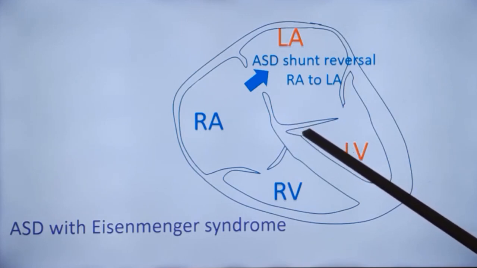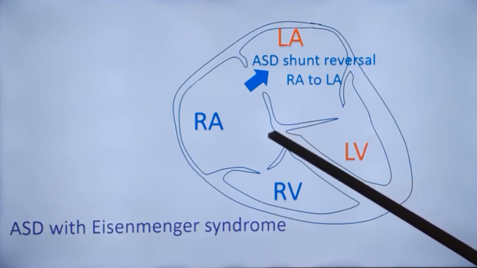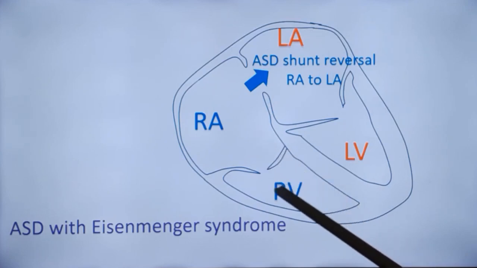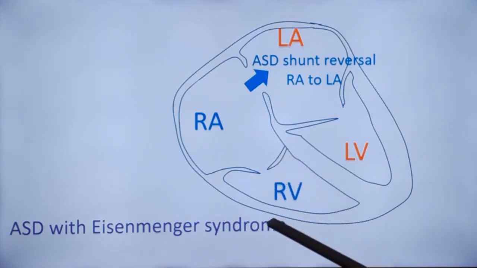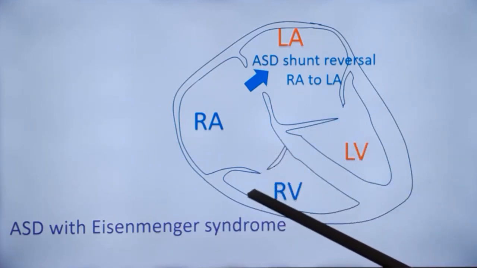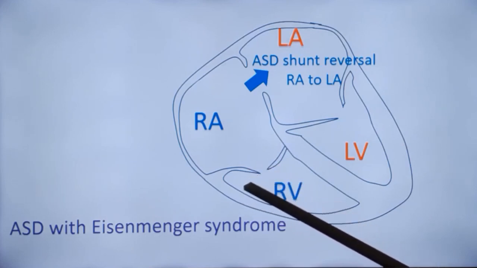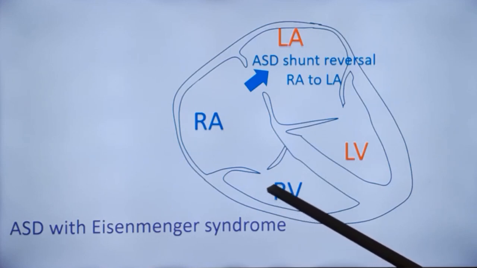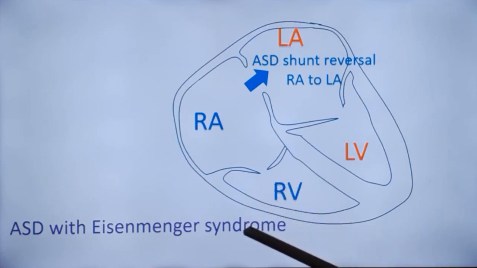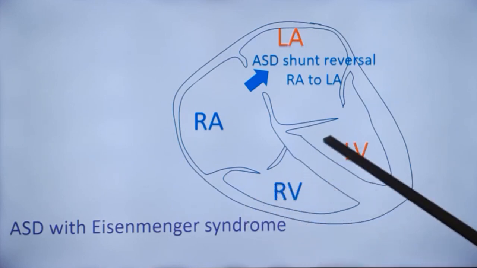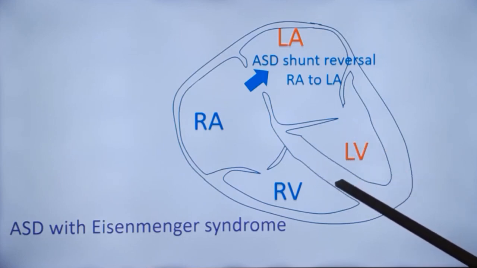But leave that alone. Large ASDs usually develop Eisenmenger syndrome maybe after decades, not like early development of Eisenmenger syndrome in VSD and PDA. Another important feature is that there is no connection between the ventricles or the pulmonary artery and the aorta.